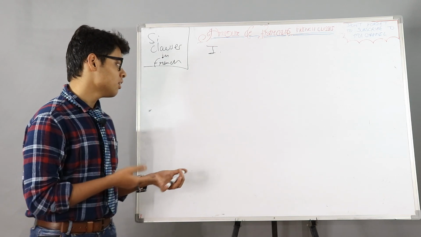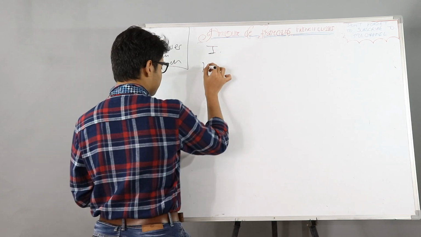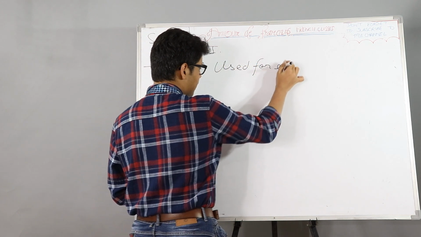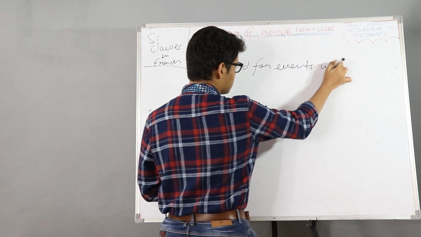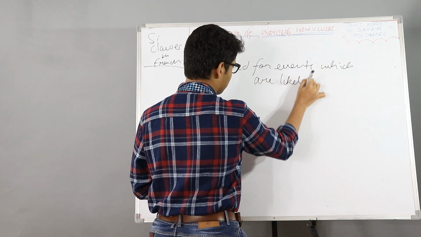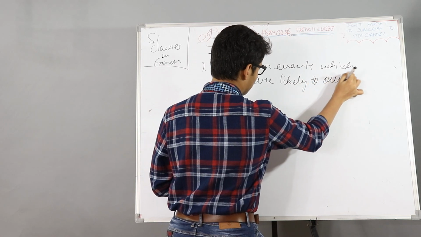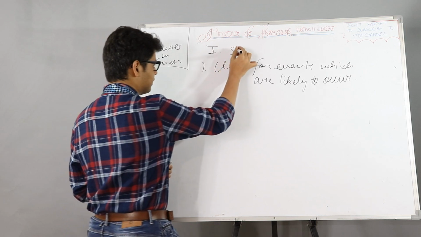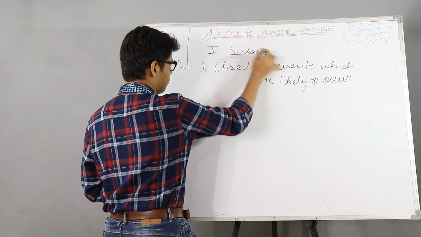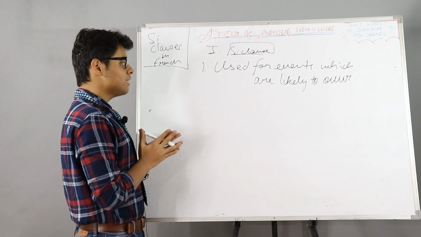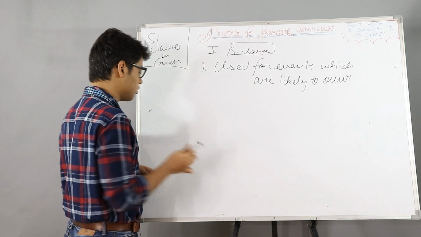So the first one we are starting with. The Si clause number 1, first use, is used for events which are likely to occur.